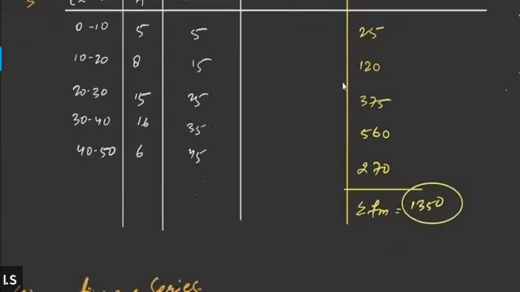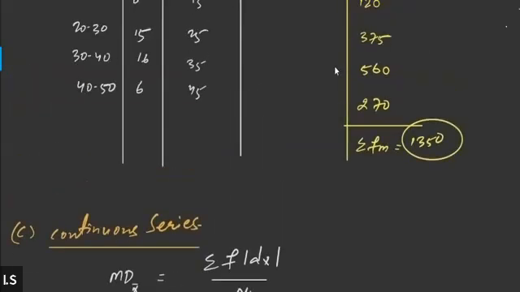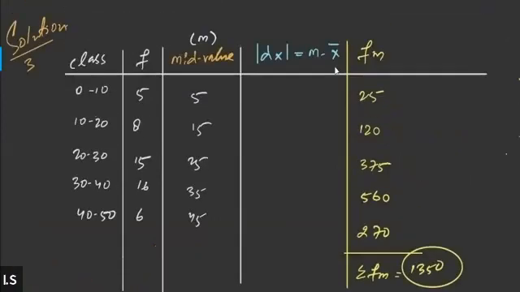Is this clear to you? Yes, sir. Okay, now we will put the value into the formula: 1350 divided by total number of items. As I told you in the previous question, n means the total of the frequency. So frequency is 5 plus 8, 13, 13 plus 15, 28, 28 and 16, 44, and 6, 50.